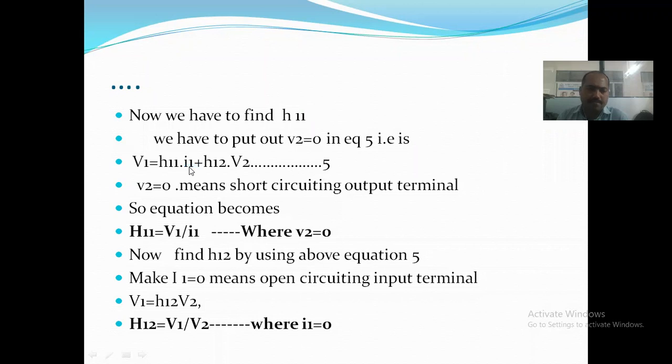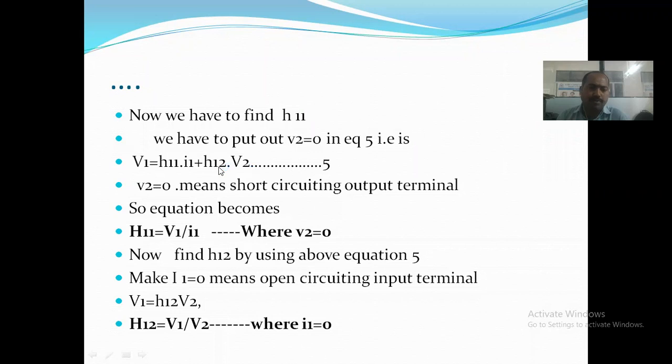So in that case, make I1 equal to 0, right, in this equation, which indicates that this term goes to 0, right? So see here, make I1 as 0 in this equation. So 0 into H11 is 0. So V1 equal to H12 V2, right? V1 which is equal to H12 V2, right?